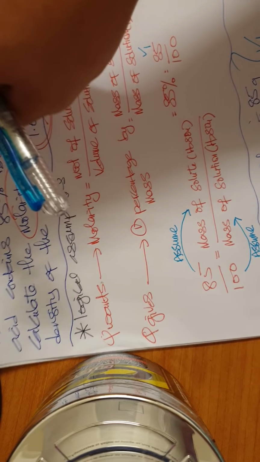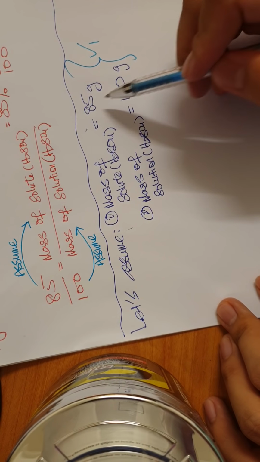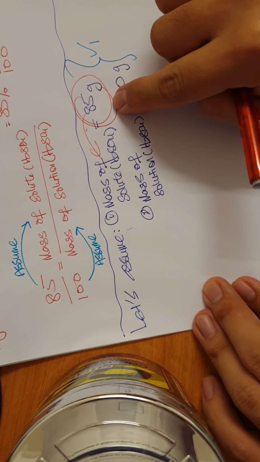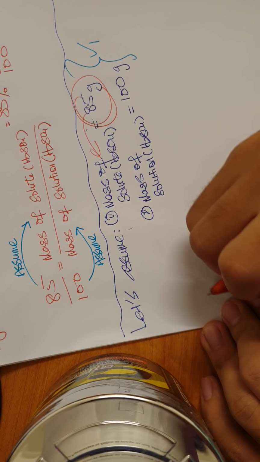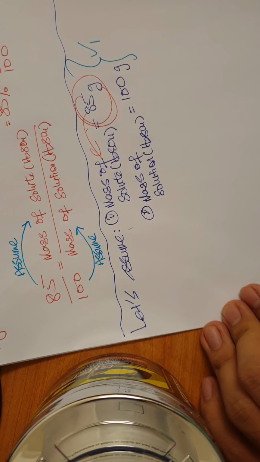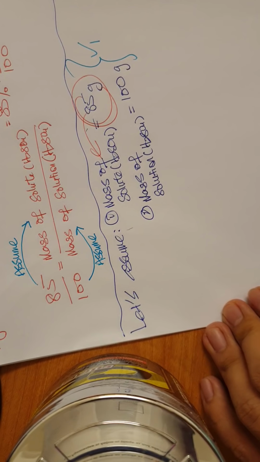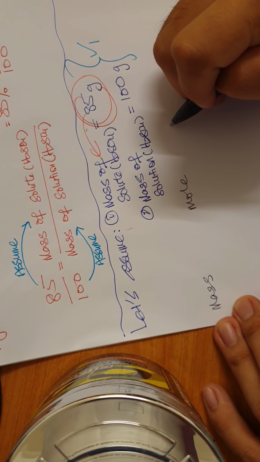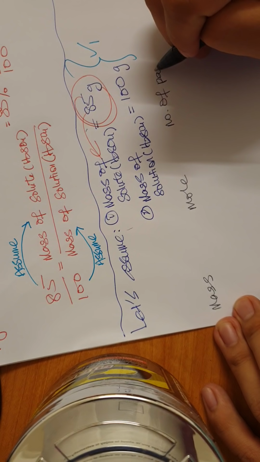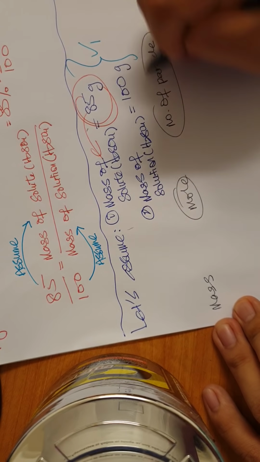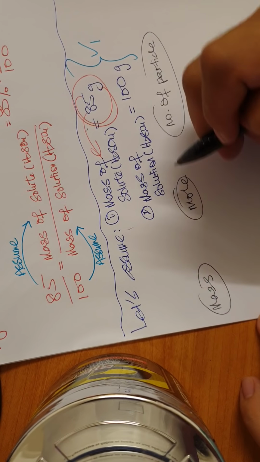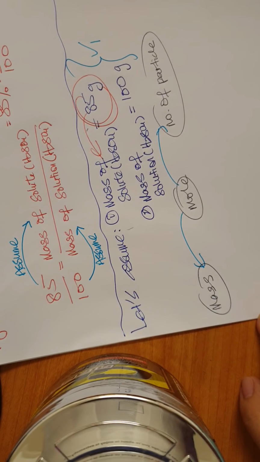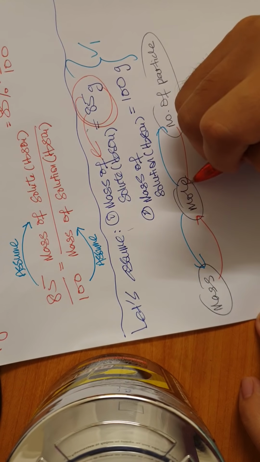However, if you look at the assumption that you have made here, mass of solute. And if you still remember, we learned before that from mass we can convert to mole, and to number of particles, the exercise that we did. From mole to mass, and also from mass we can go back to mole.